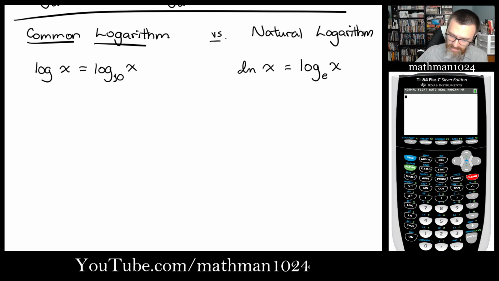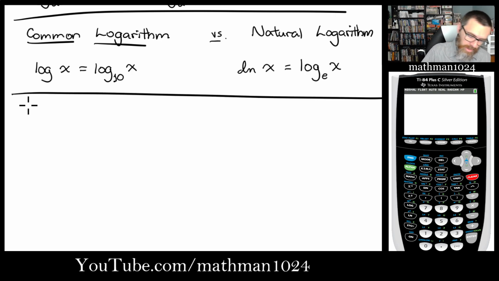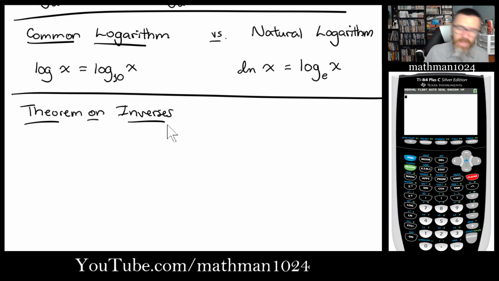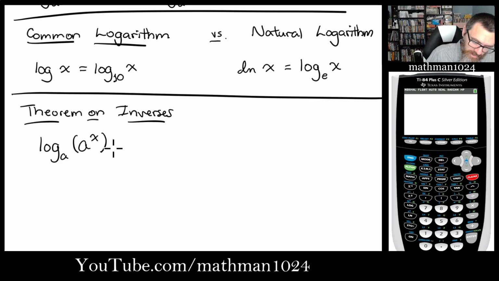Now, with these logarithms, we have a statement about the theorem on inverses. Remember that the logarithm is the inverse of the exponential. So that would lead us to this. Log base a of a to the x is x.